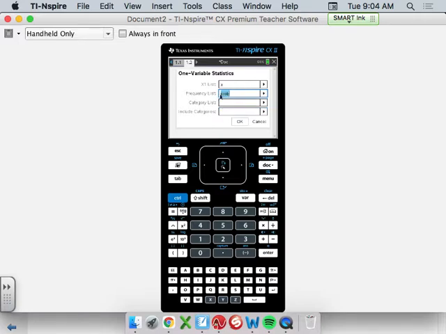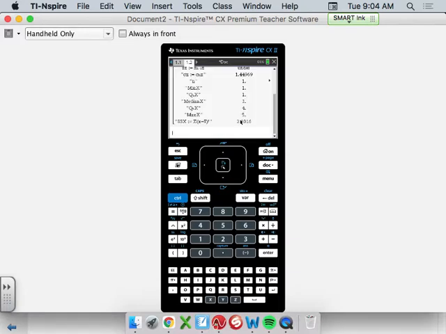But make sure your frequency list is whatever you put in as your probability list. And then leave those other two empty. You click OK. And it gives you your X bar.